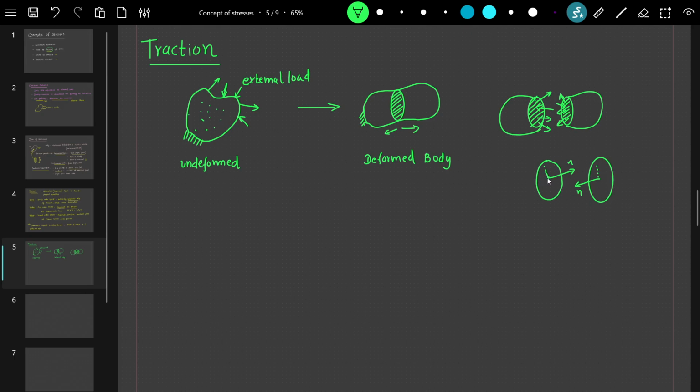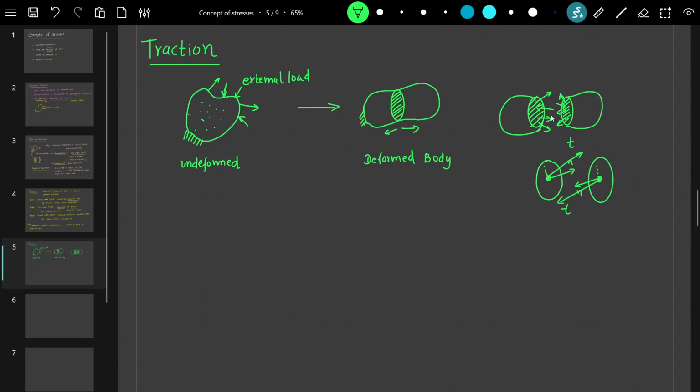At this point we want to see the internal force. Let's take it as something in this direction, t, and since both points are the same, the internal force on the other side will be equal in the opposite direction, minus t.